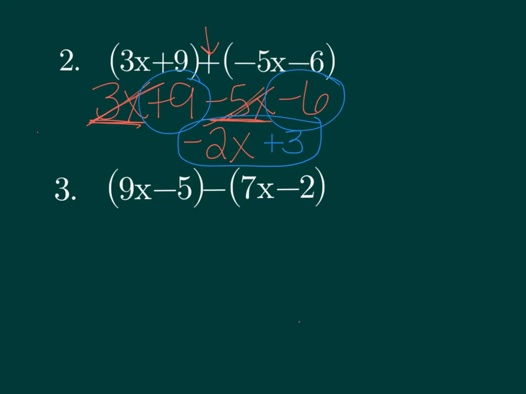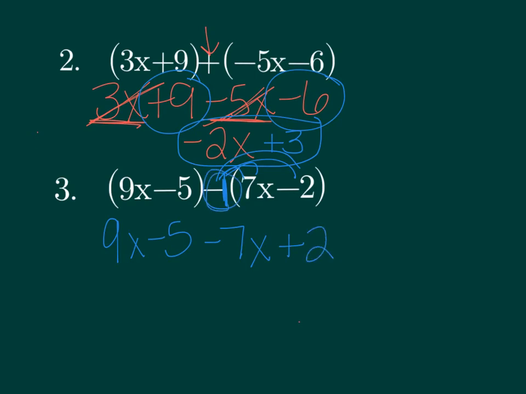The next one gets a little tricky, so you have to be careful here because there's a negative in between. Remember that this is a negative 1. So you have to distribute a negative 1. So I have 9x minus 5, and I have negative 1 times 7x, which is negative 7x. And then I have negative 1 times a negative 2, which is a positive 2. A couple things you need to remember on these.